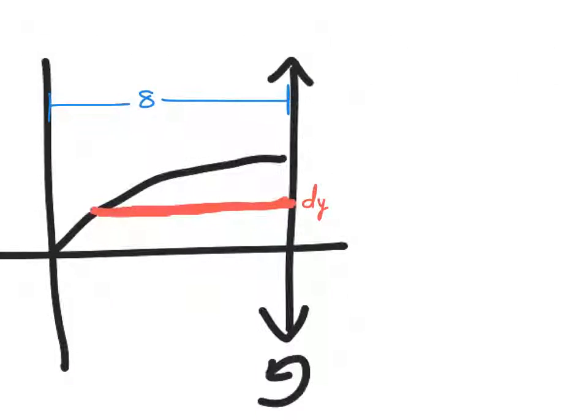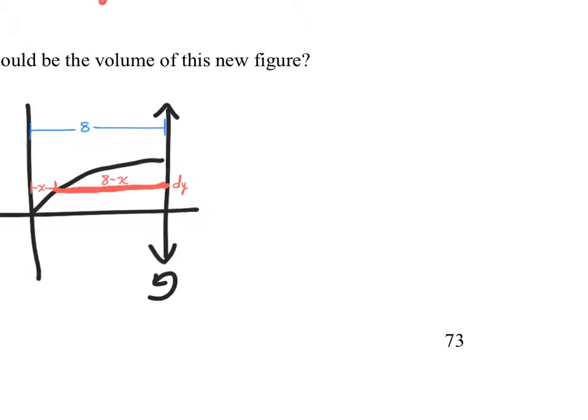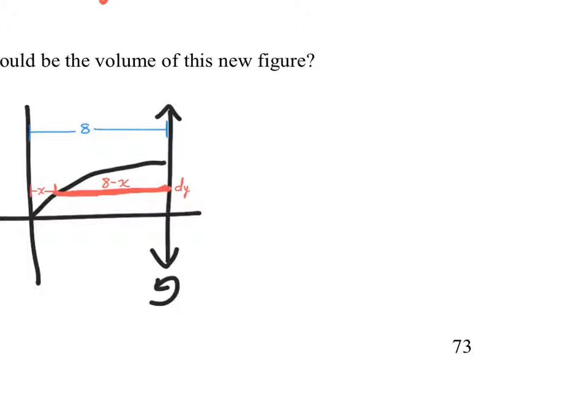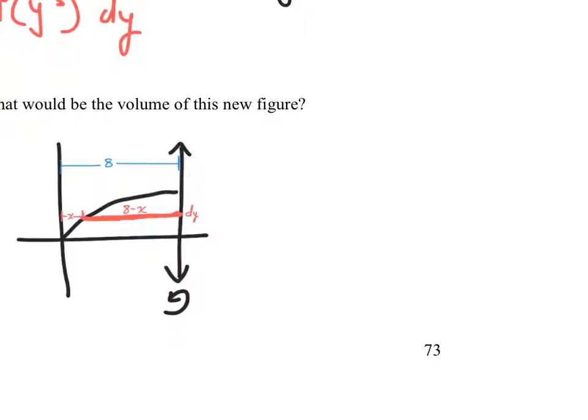What's the length of my rectangle? 8 minus x. That's because the distance from the y-axis to the point in space is x, so x would be pretty much everything you don't want in this case. 8 minus x is the part that you do want, so 8 minus x would represent the radius.